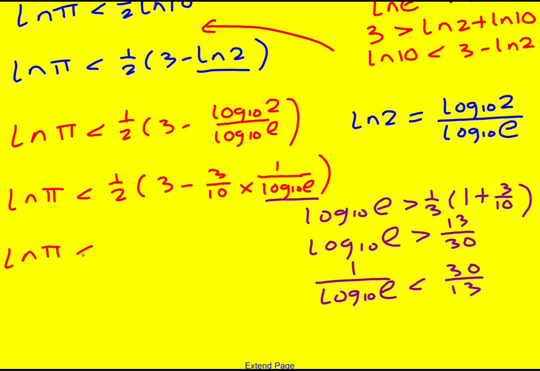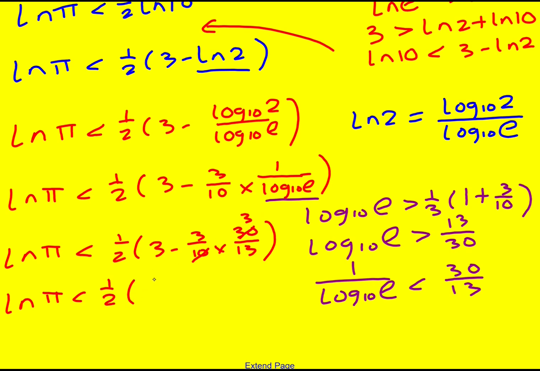we're nearly there. It's a bit messier, isn't it? Because I'm kind of just all over the place, but it's going to get us there. A half times 3 minus 3 over 10 times 30 over 13. The 10 and the 30 are going to cancel. This is going to become 39 over 13.